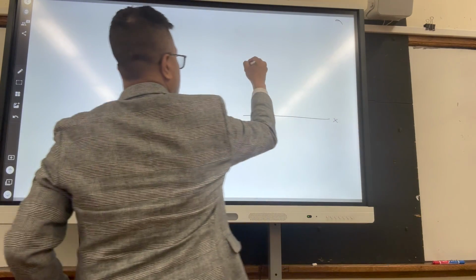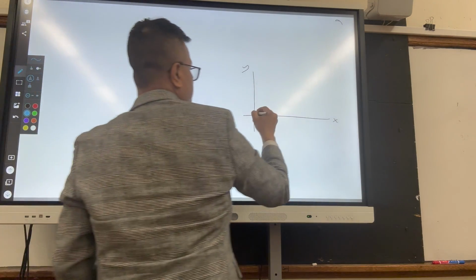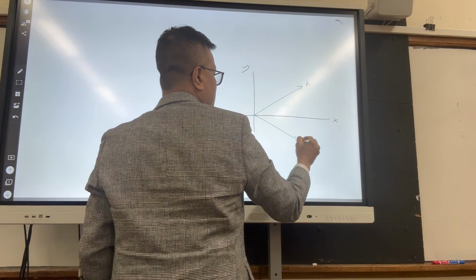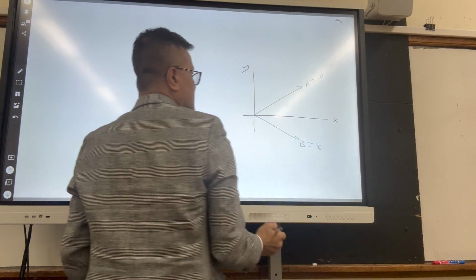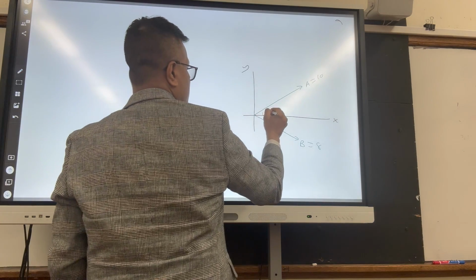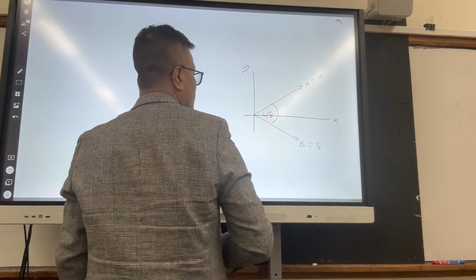This is the x-axis, this is the y-axis, this one is vector a, and this one is vector b, and this is 10, this is 8. And we're going to draw the parallelogram. Before the parallelogram, we measure this one is 40. From vector b to vector a is 48.